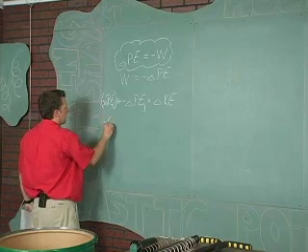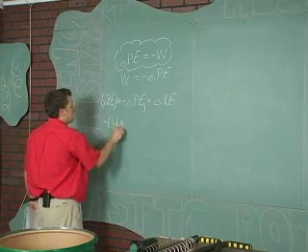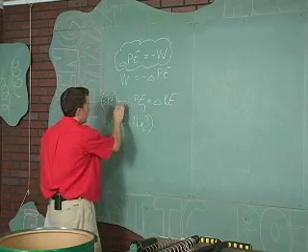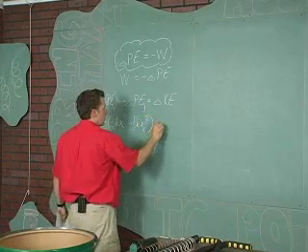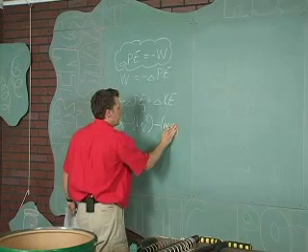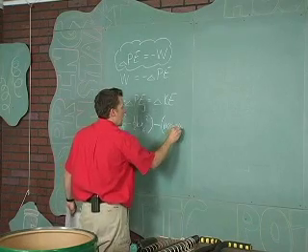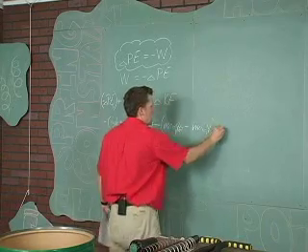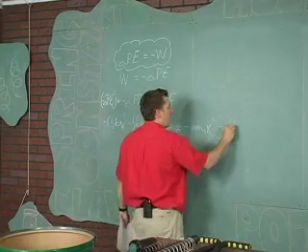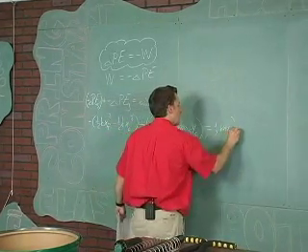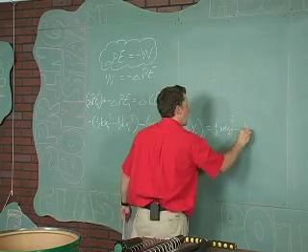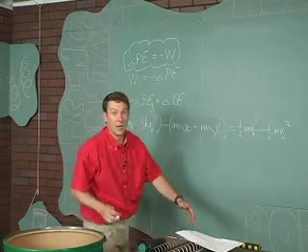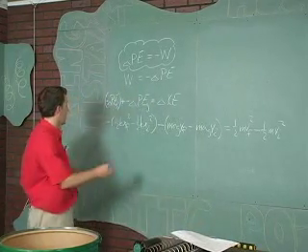We've got negative 1/2 k x_f squared minus 1/2 k x_i squared minus m a_g y_f minus m a_g y_i is equal to 1/2 m v_f squared minus 1/2 m v_i squared. Okay, so we've expanded all of our terms now.